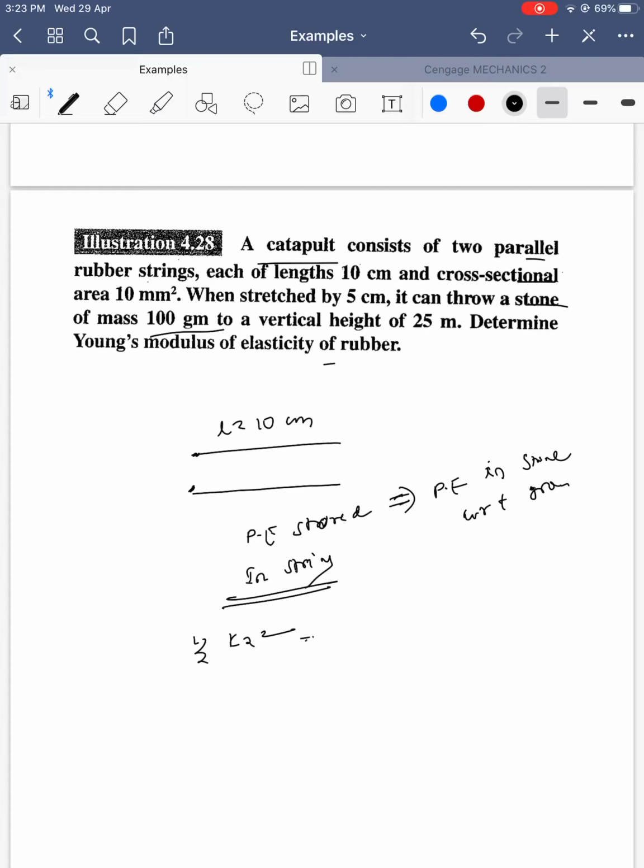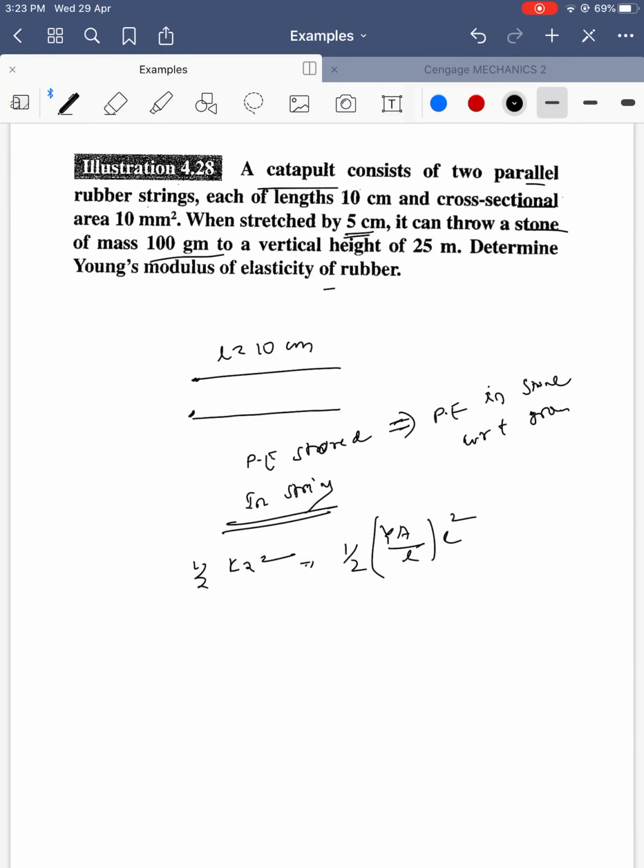So what is the potential energy stored? Half k into x square, half into Ya by L into e square. What is given? It is stretched by 5 centimeter. Initial length is given and he is asking for Young's modulus.